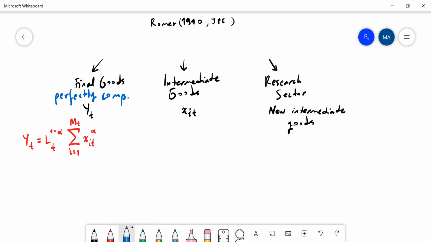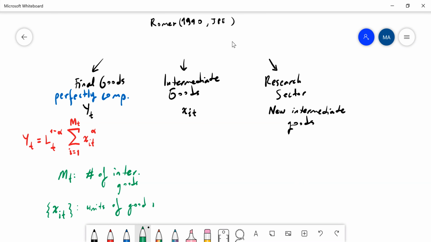So in the intermediate goods sector, as you see, M_t is the number of intermediate goods, and X_it is the units of intermediate good i actually employed, right?